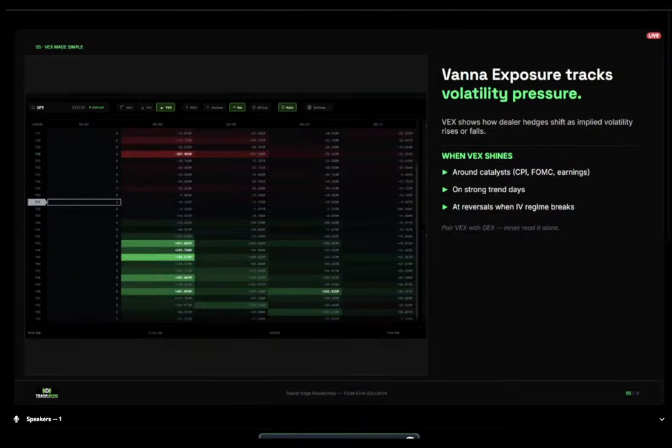VEX. So, VEX is an interesting one. VEX is actually Vanna exposure. Again, we're not here to overcomplicate it. GEX helps us understand price pressure, right? Now, VEX is going to help us understand volatility pressure.